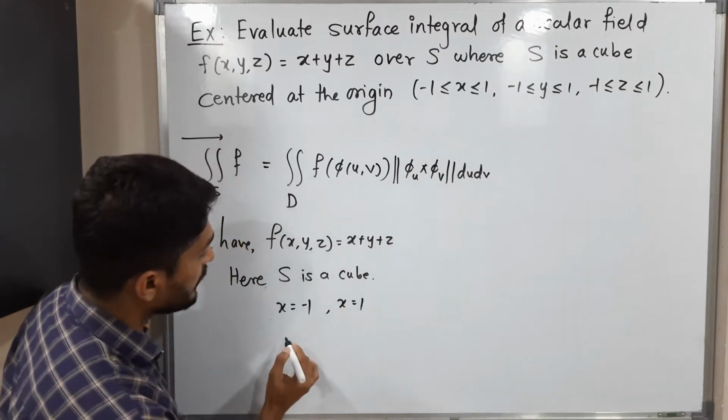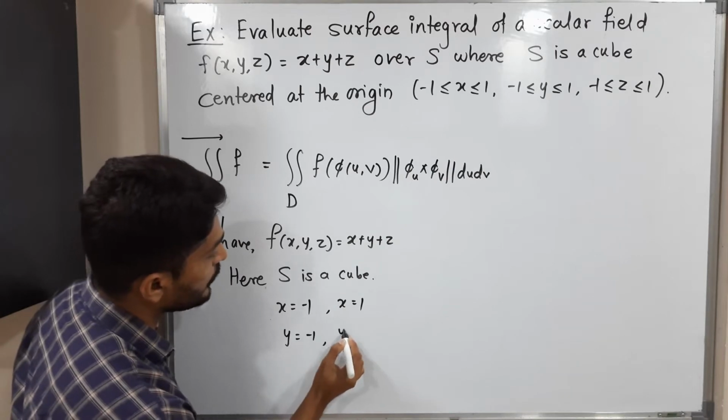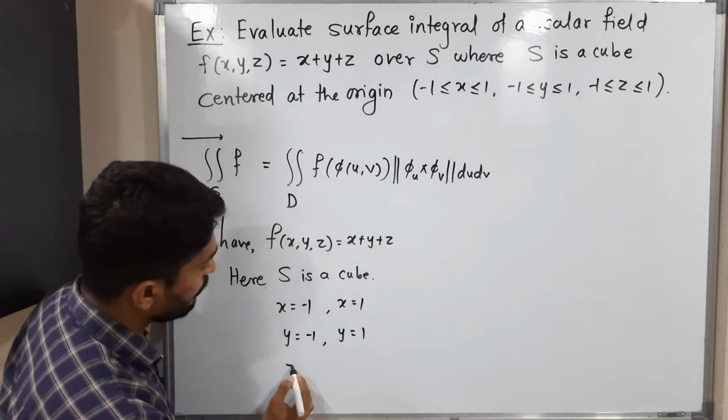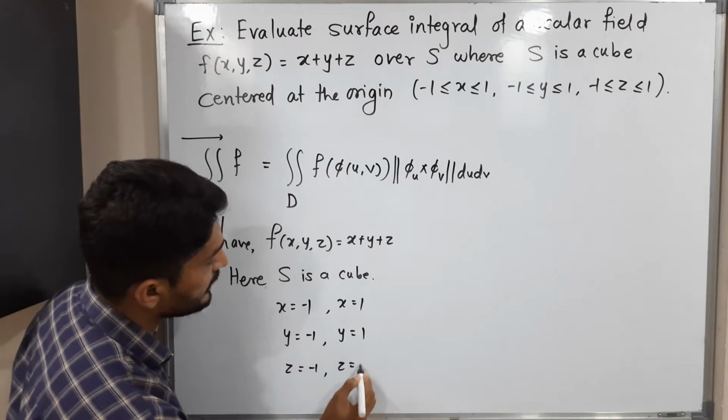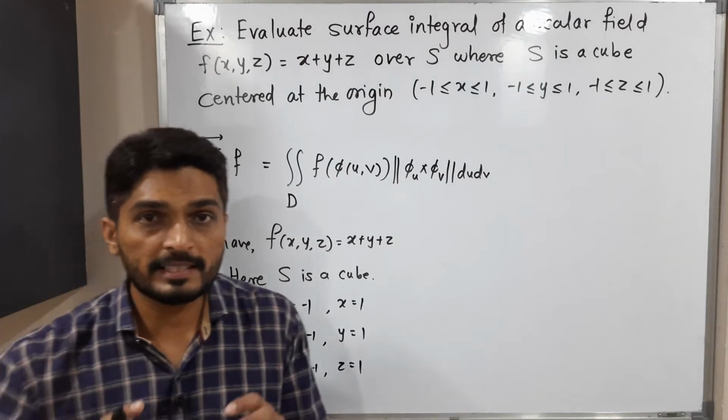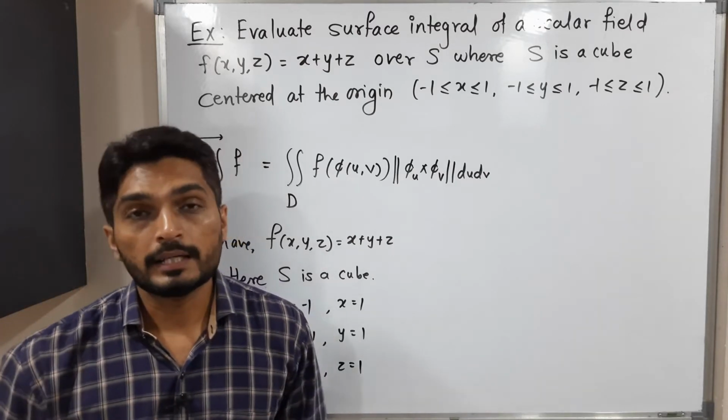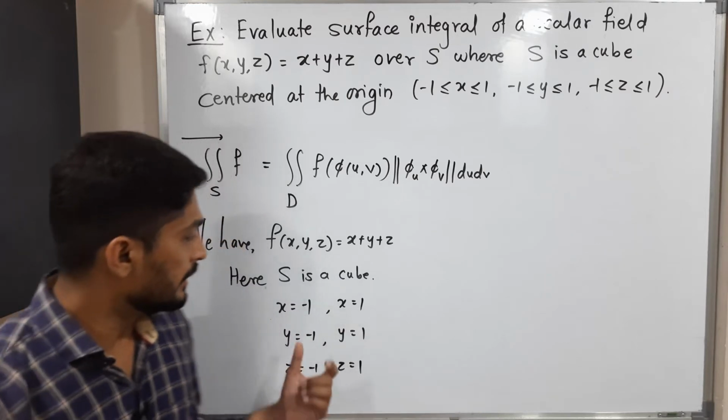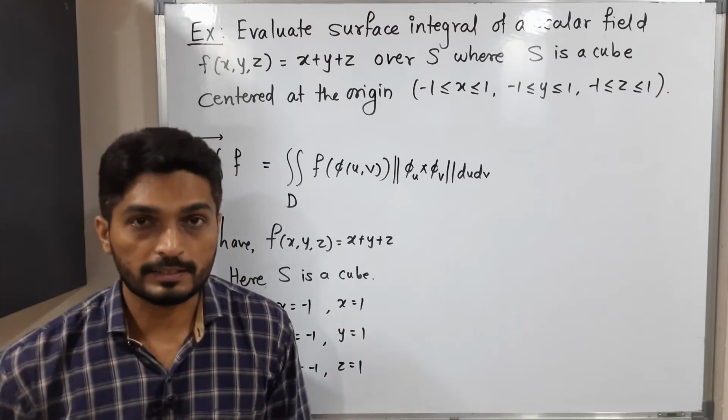For the second inequality we will have y is equal to minus 1, y is equal to 1, and from the last, z is equal to minus 1, z is equal to 1. That means the surface S, that cube, is made up of these 6 different surfaces.